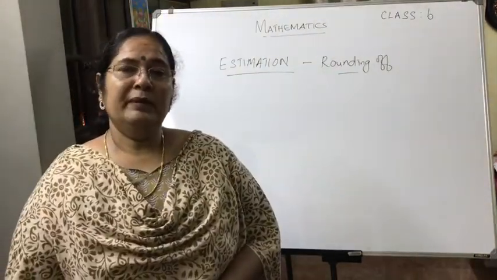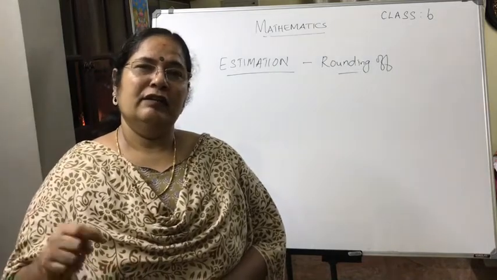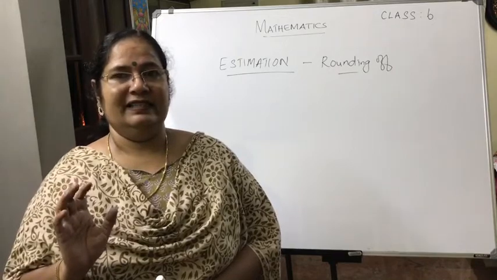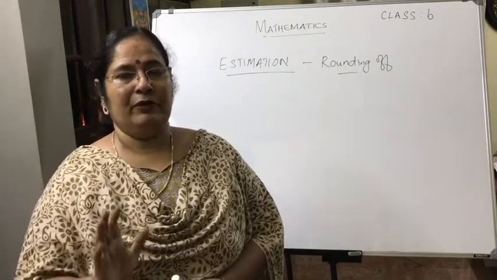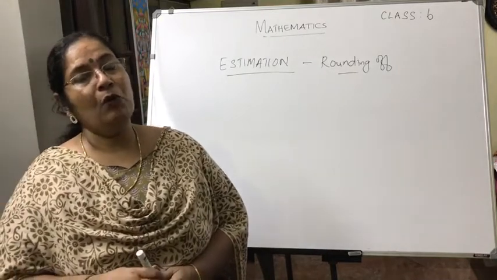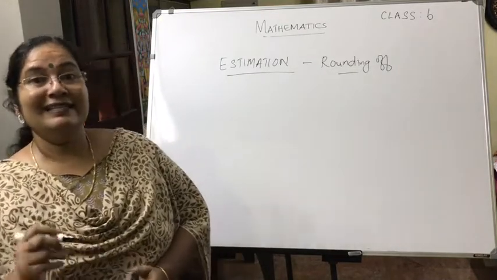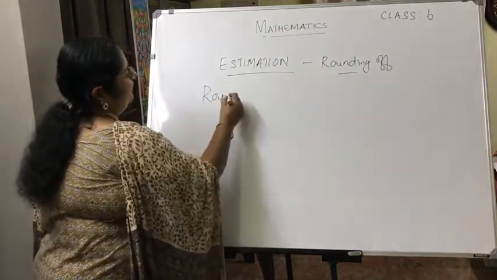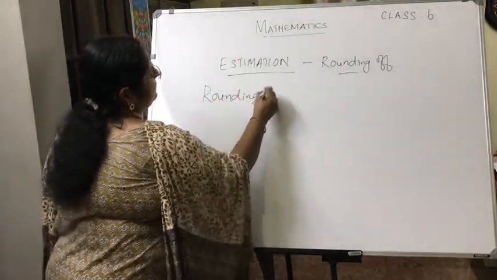You may be asked to round a given number to a particular place. So first we will see how we are going to round a number to the nearest tens place. So, rounding to nearest tens place.